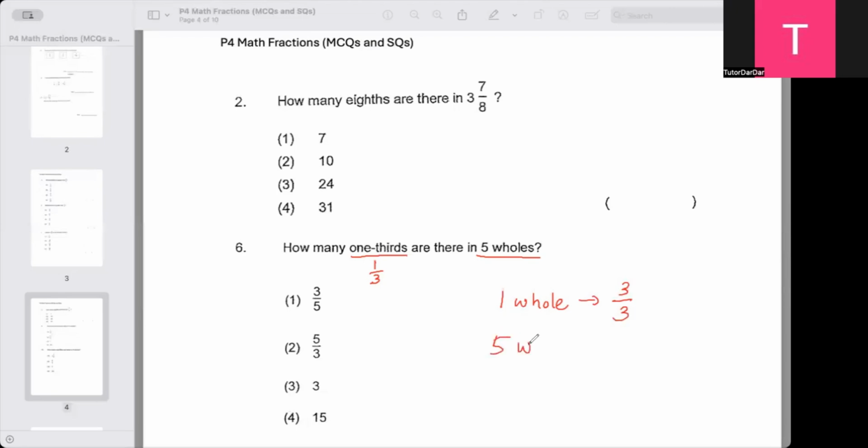Now, when you have 5 wholes, what do we do? 3 multiplied by 5. So what do we have? Denominator, write it right back, 3. 3 times 5, you get 15. So the answer is 15. Answer will be 4.